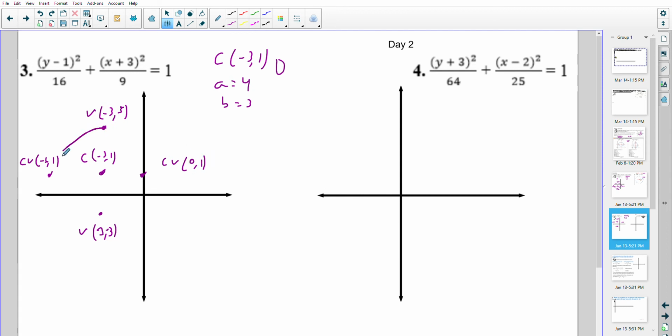Then it's a matter of going ahead and connecting those points. Now, by looking at the A, B, and the center and the orientation, it's easy to graph ellipses. And circles should be just as easy if you just think about the radius.